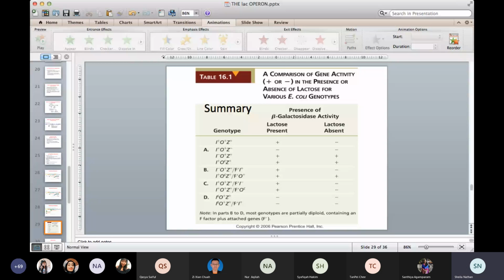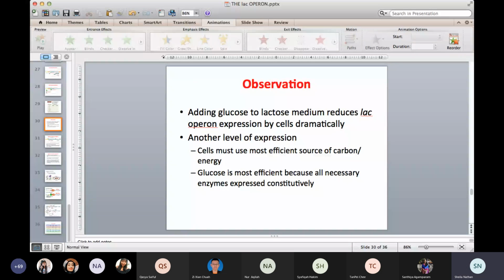All right. So when you add glucose to the lactose, now we're talking about both being present. Glucose is present, lactose is present. Adding glucose to lactose will reduce Lac Operon expression. We saw this right at the beginning under the 4 conditions. One of the conditions was glucose present, lactose present, you get no transcription.